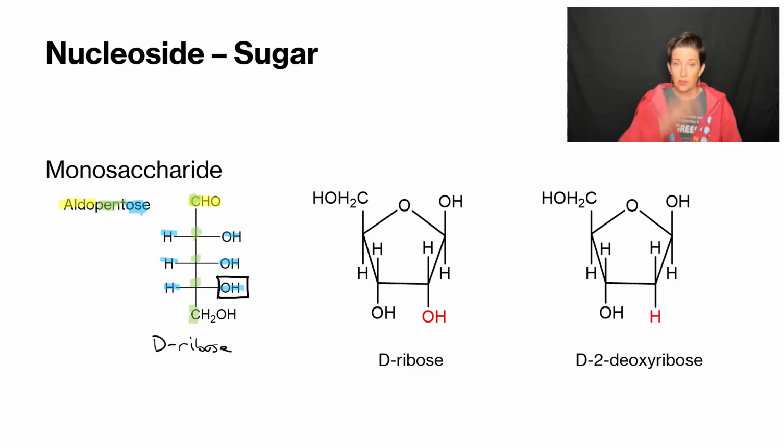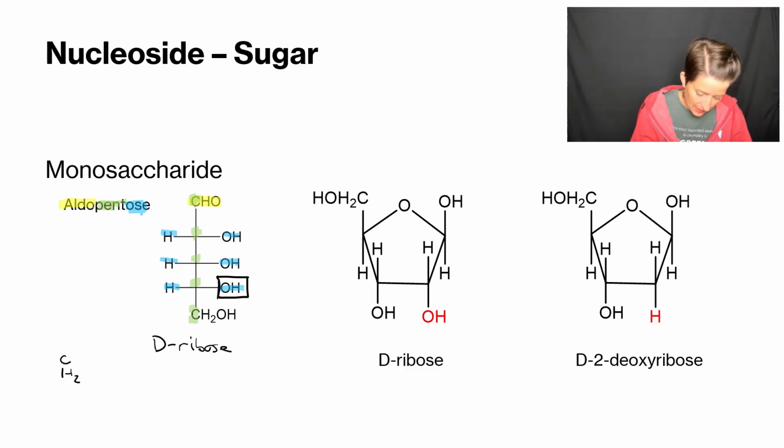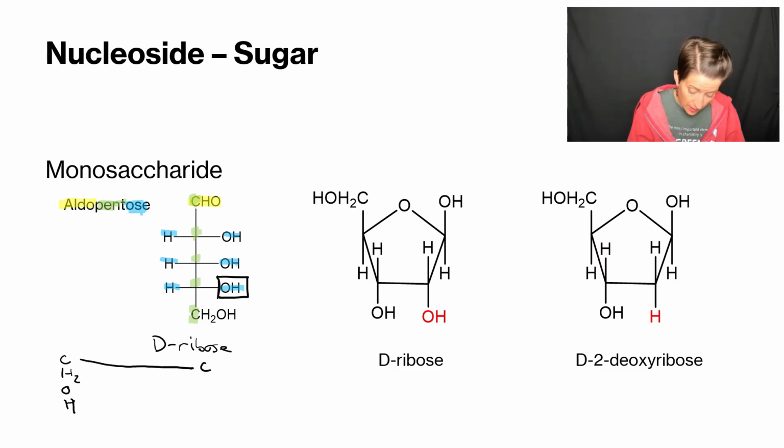As a refresher, we do this by laying our sugar down and to the right so that we can see the placement of those OH groups.